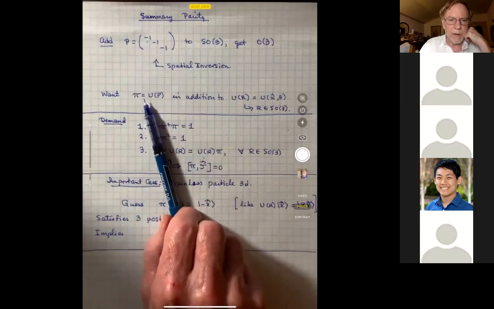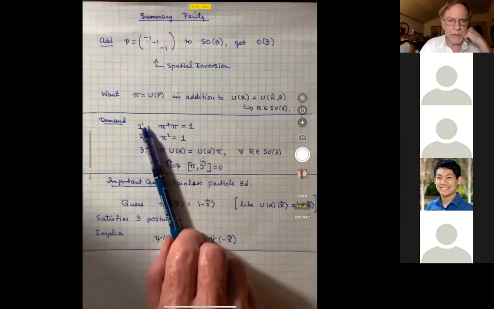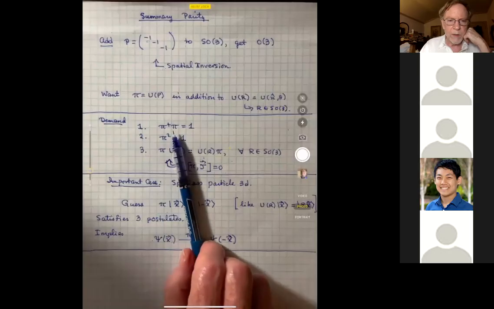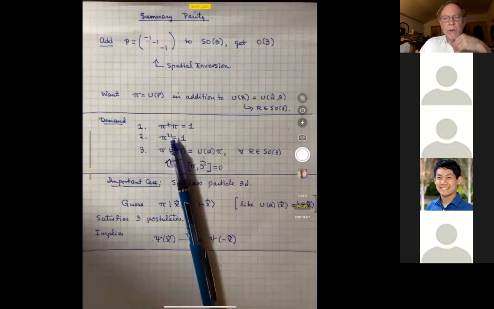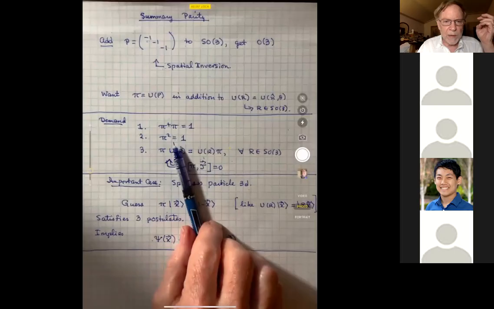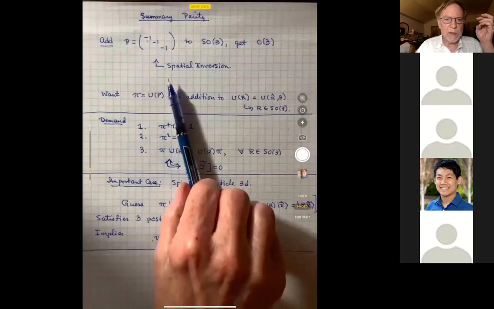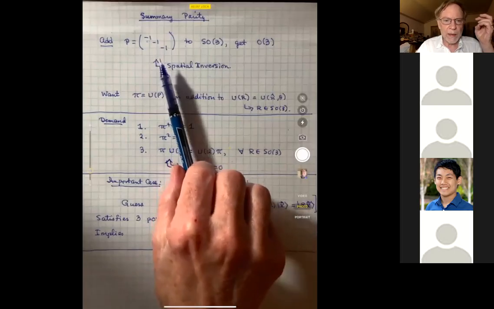Now, the parity operator has to satisfy certain postulates, and we've listed them here, 1, 2, 3. One is that it should be unitary. This is the usual requirement on symmetry operators, that they be unitary in order to preserve probabilities. Second one is that pi squared should be the identity. That's because P squared is the identity, as you can see by looking at it.